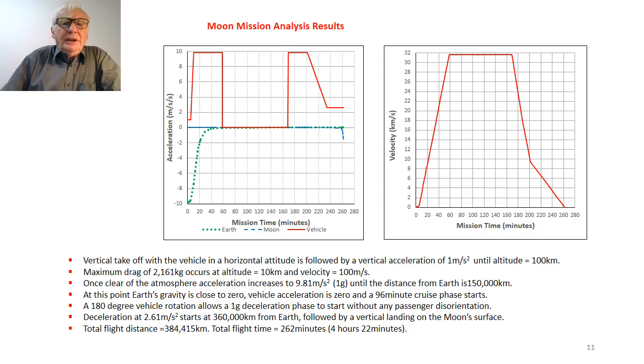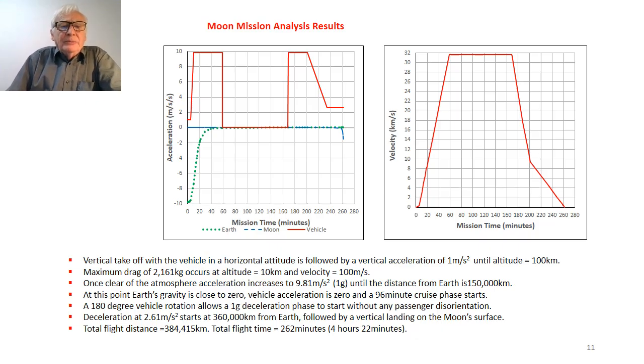We'll now look at the mission analysis results for the moon mission. This is for the forward flight from Earth to Moon. And if you look at the left-hand plot, you'll see we're plotting the acceleration of the vehicle in red.